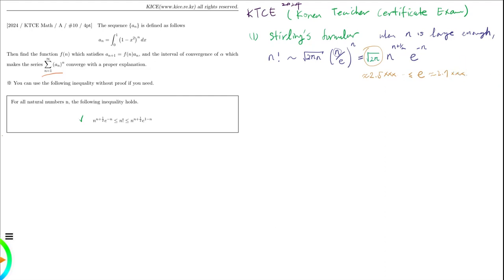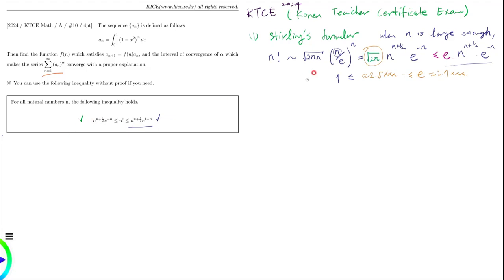So we have an upper bound, e times n to the n plus 1/2 power times e to the minus n. This is our right hand side, and this value is obviously greater than 1.